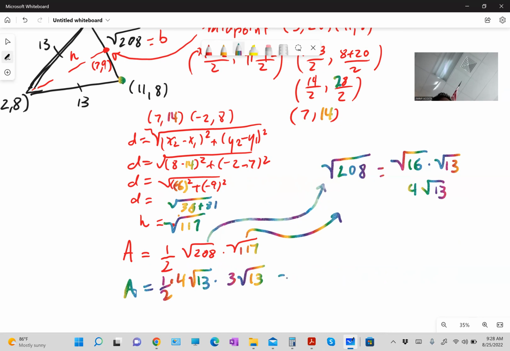So now we have 2 times, what's the square? The square root of 117 reduces to square root of 13 times 3.